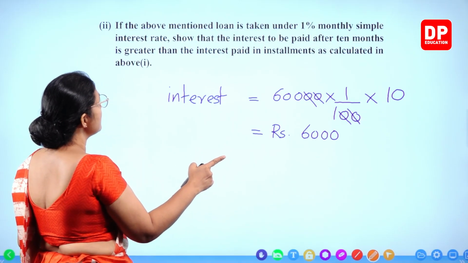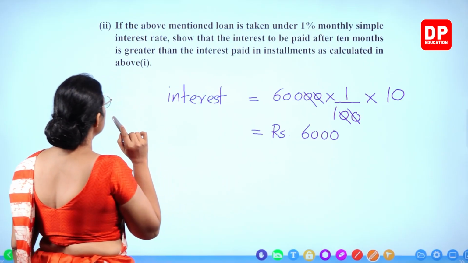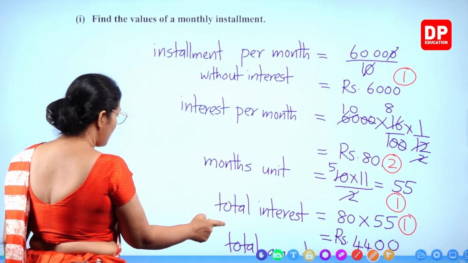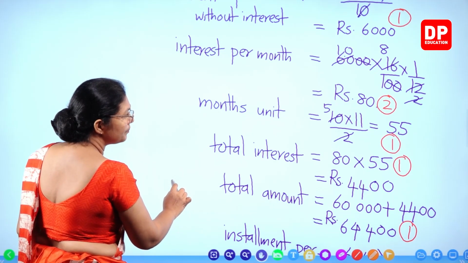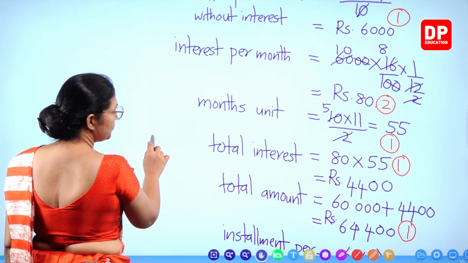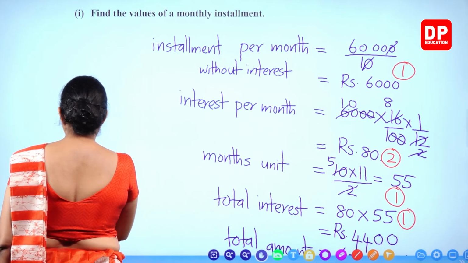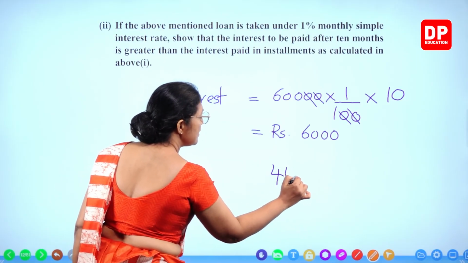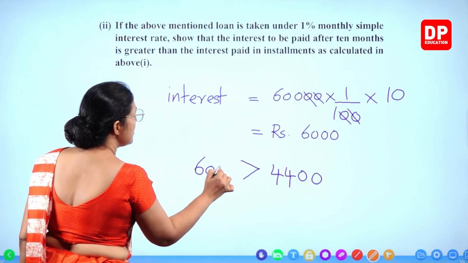So the interest is greater than the interest paid in installments as calculated in above part 1. So what is the value? We calculated the interest here, 6,000. So the total interest is 4,400. 4,400 is the interest. So that's less than this. 4,400 is less. So 6,000 is more.